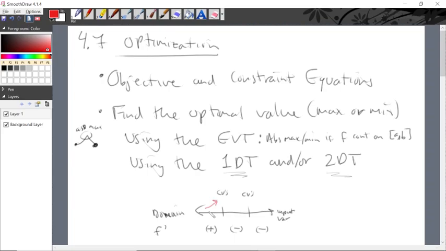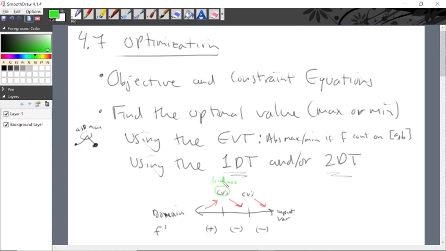Perhaps it's increasing on this subinterval, and then decreasing on this subinterval, and then decreasing again on this subinterval. And if the function was continuous over this entire domain here, then we could say that the location of this critical value happens at a local max by the first derivative test.